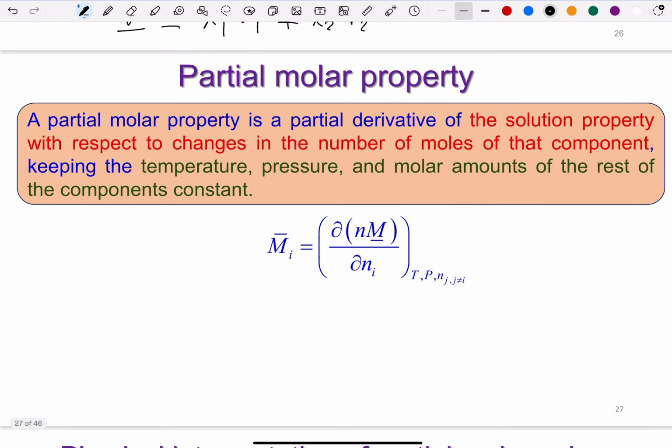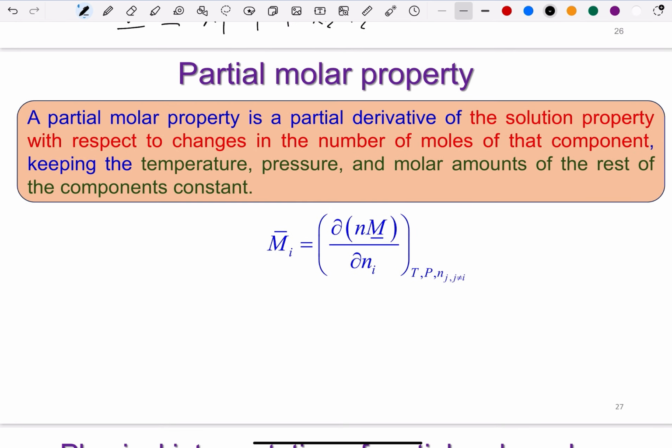Here I have the very rigorous mathematical definition of it, and I will show you the physical meaning. This is defined as the derivative of a solution property M, and that derivative is of an extensive property, so I have written it here as Nm.